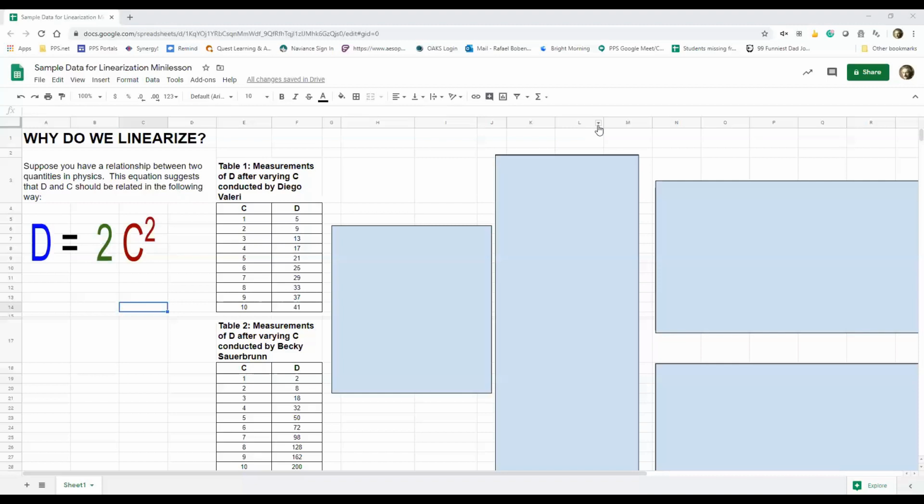First, let me make sure we understand why we linearize datasets. Let me just say, first of all, I think it is a very useful skill. Personally, I think it's quite helpful to understand mathematical relationships in the way that linearizing requires you to do it. But the second reason also is that both the IB and AP curriculums strongly emphasize this skill.